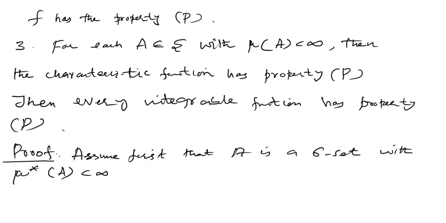So if this is a sigma set, it can be expressed as a countable disjoint union of members of S such that the measure of each set is finite.